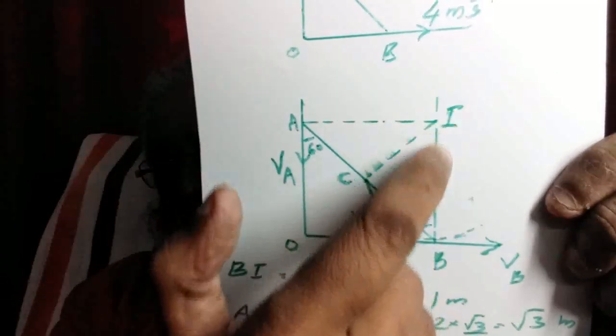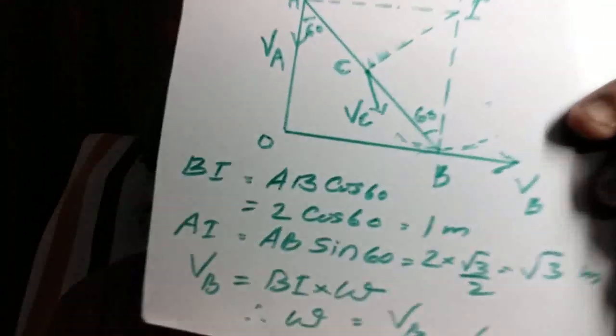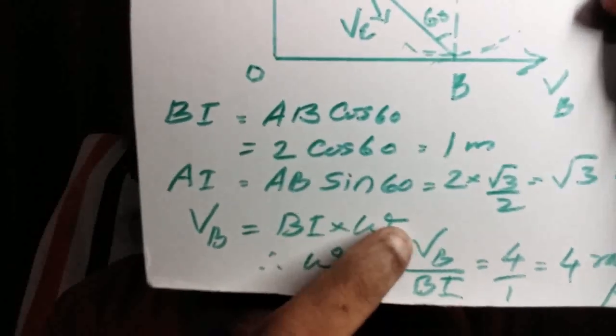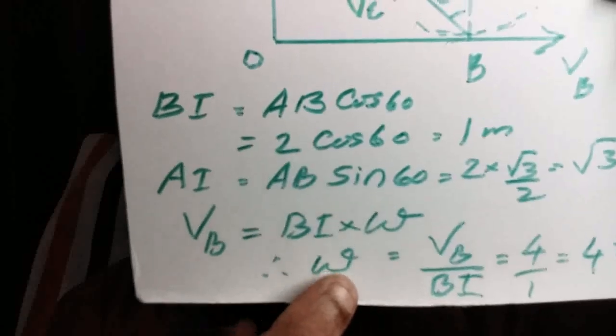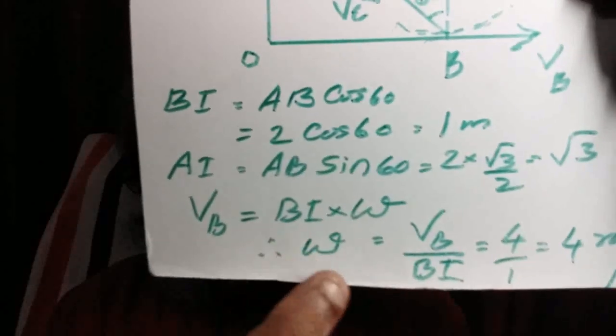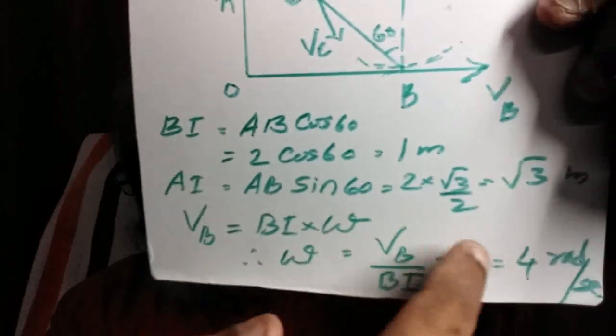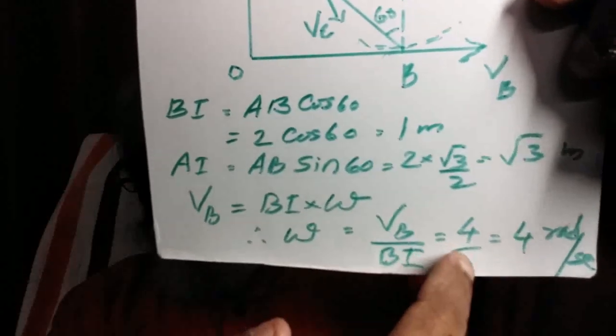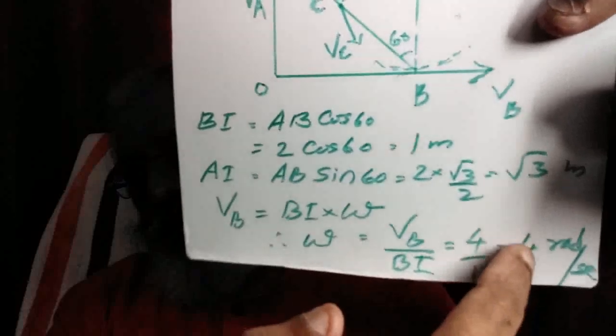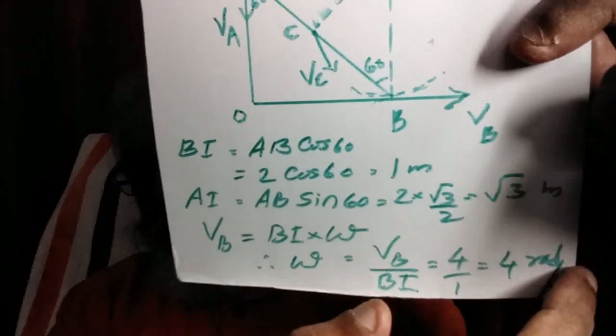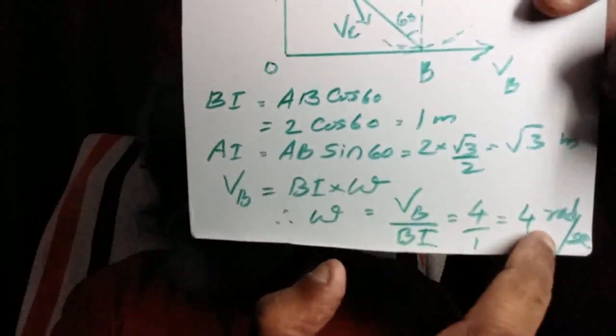VB equals BI into omega, from which we can find out omega, the angular velocity. Omega equals VB by BI. That is, VB is given to be 4 meters per second, BI is 1. So 4 radians per second. This is omega.